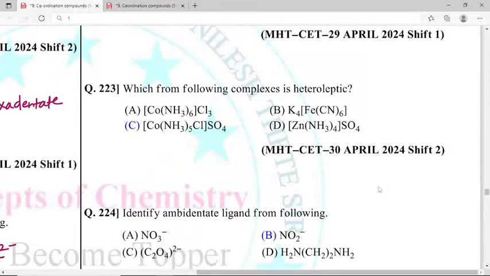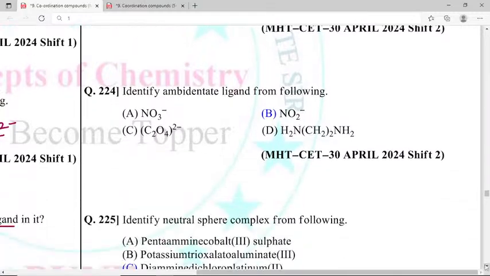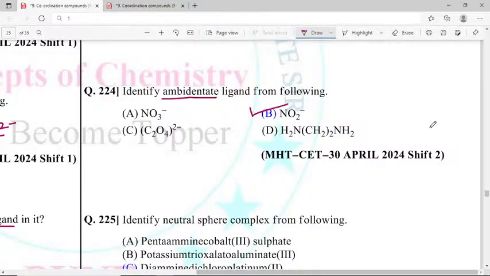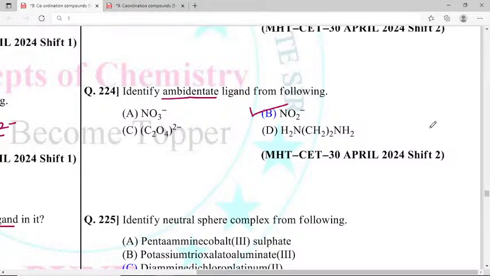Which from following complexes is heteroleptic? Heteroleptic, different types of ligands. Ammonia, Cl, different types of ligands. Identify ambidentate ligand. Ambidentate stands for ligand having 2 donor atoms, same atom but having 2 different sites, but you use just one at a time.